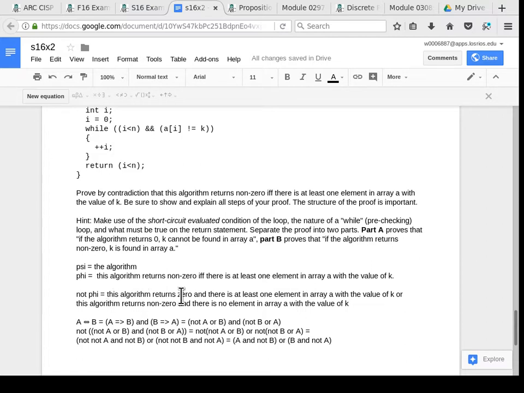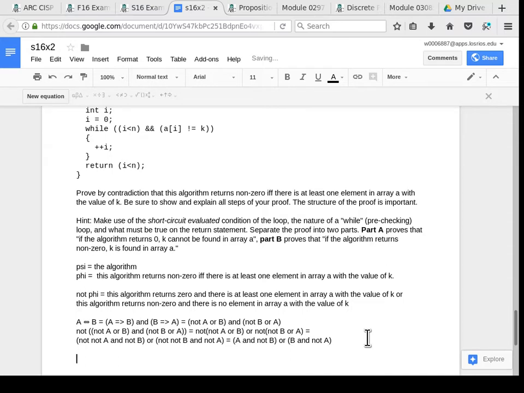So this not phi is saying we got two ways of making the theorem false. We can have the theorem being false when the algorithm does return a zero, but there's at least one element in the array A with the value of K, or this algorithm returns non-zero, but there's actually no element in the array with the value of K.